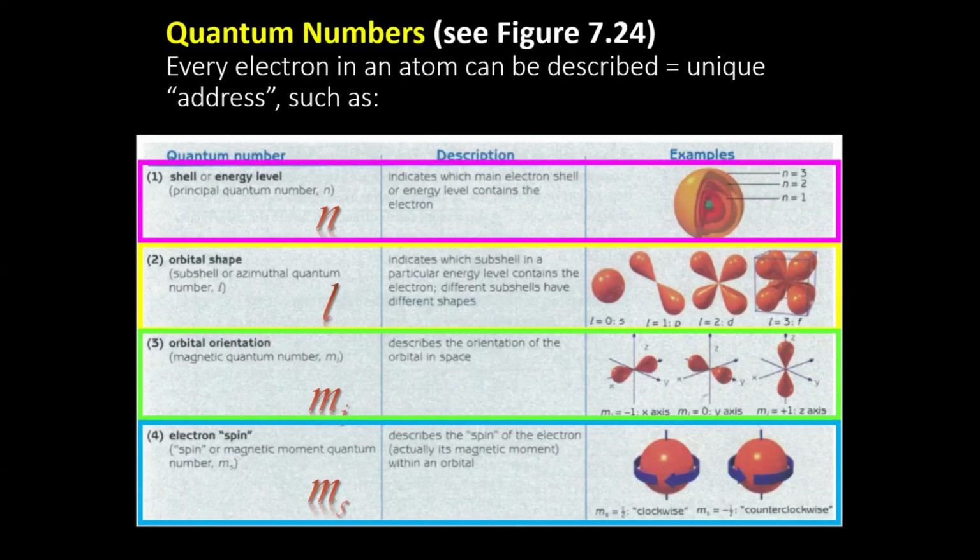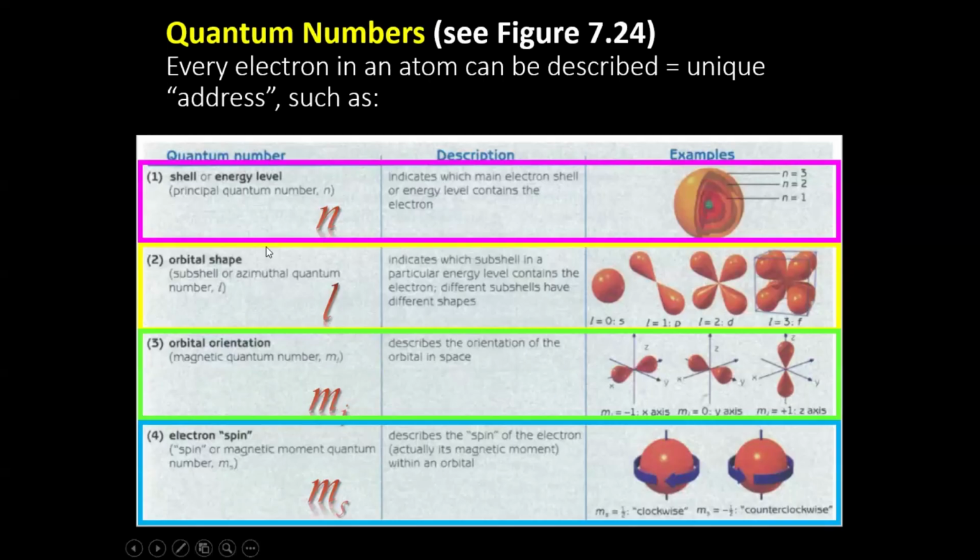There are four numbers in a row that can be thought of as the address for every single electron in every single atom. And each one of them is unique. No two electrons have the same quantum numbers, all four of them. So we're going to talk about the first one first.